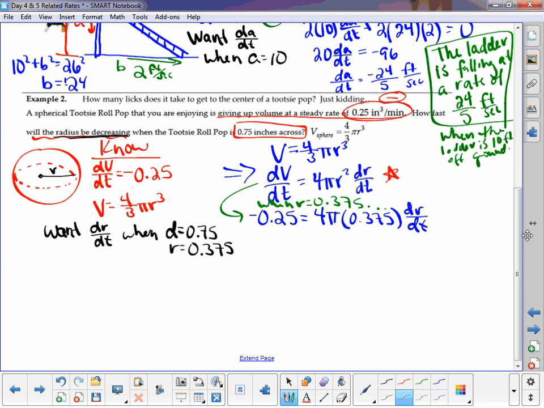We are saying, pause at the moment when radius is 0.375. That is what we're interested in. I could use this for any point in time. I could ask what that rate is when the radius is 0.25 or when the radius is 0.1. So this models the relation between those two rates, and we are pausing time and saying, at the moment when radius is 0.375, I'm going to find my rate.